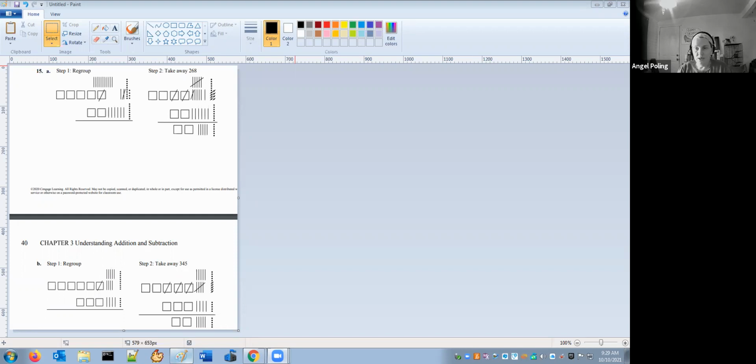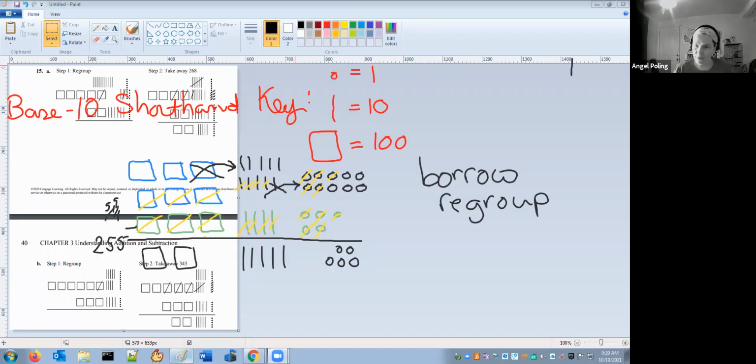But what helps is they've separated out using one color when they're borrowing and regrouping versus when they're doing the takeaway. If you recall, I had tried to express these 2 steps using the black ink for the regrouping step and the yellow ink for the takeaway step.